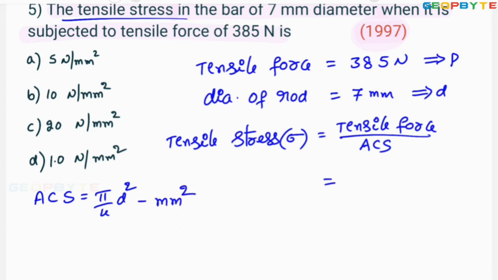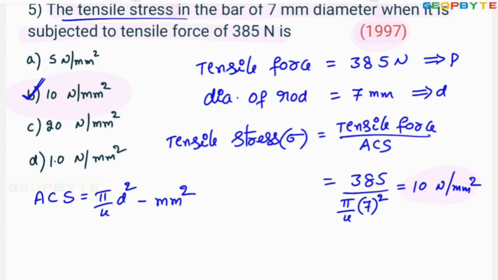It is equal to tensile force 385 divided by pi by 4 into 7 whole square. You simplify this to get the tensile stress approximately 10 Newton per millimeter square. So that is the tensile stress developed in the rod, 10 Newton per mm square. Look at option B. Option B itself is absolutely correct. I hope all of you understood.